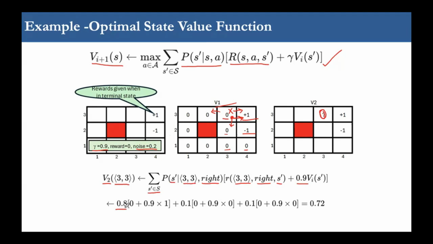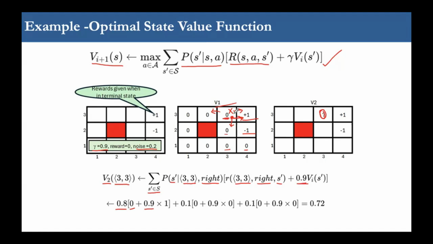So here we will get 0.8 into the reward value. What is the reward value in this iteration? V1 iteration reward value, it is 0. Plus 0.9 into V_i of S dash.